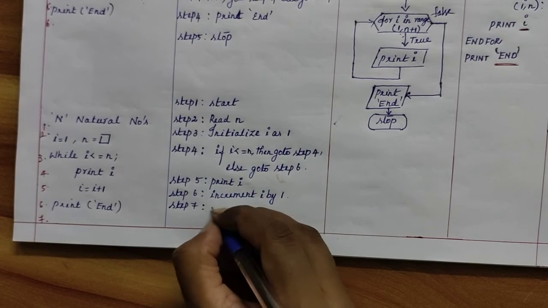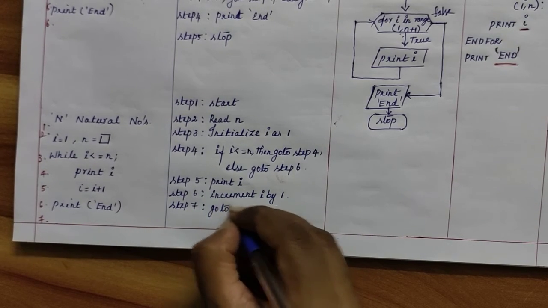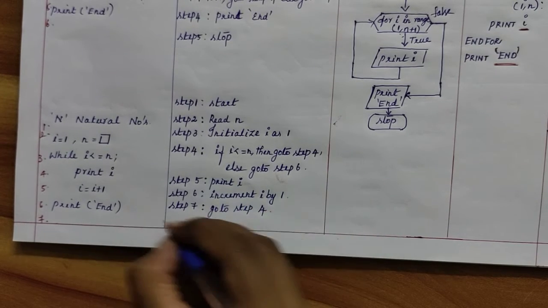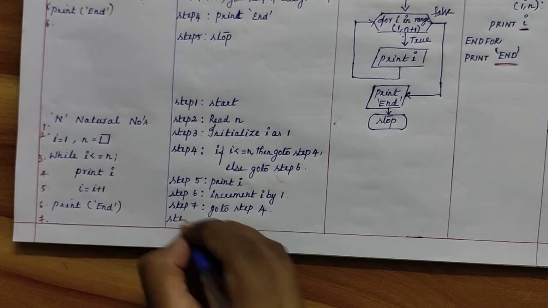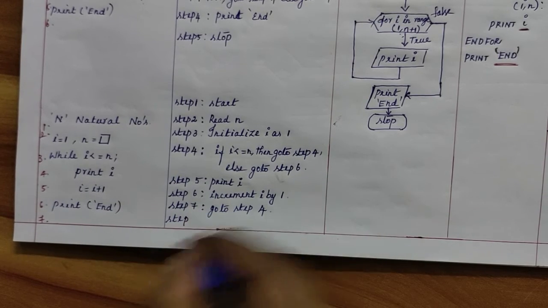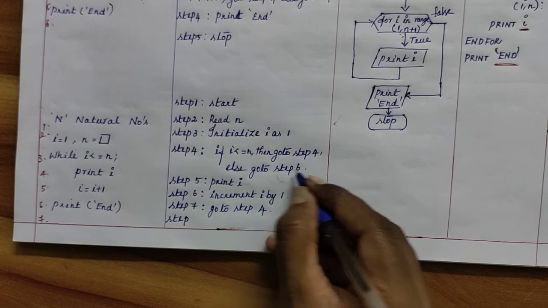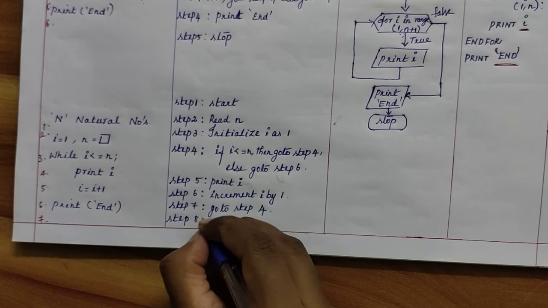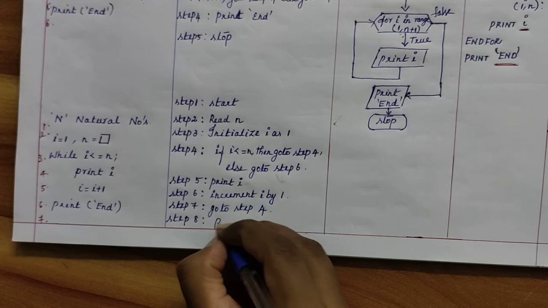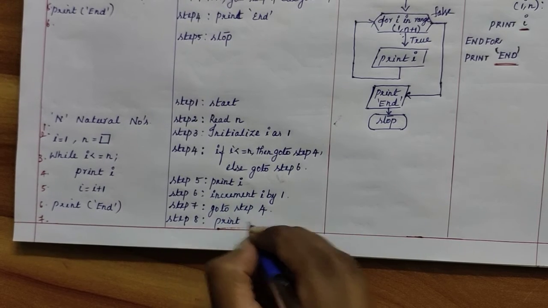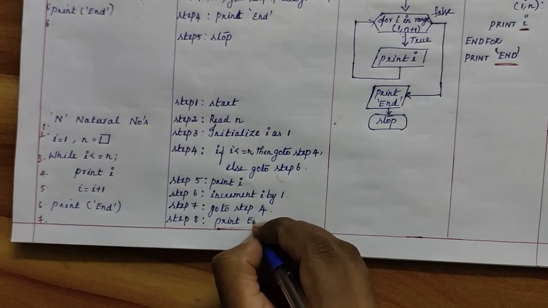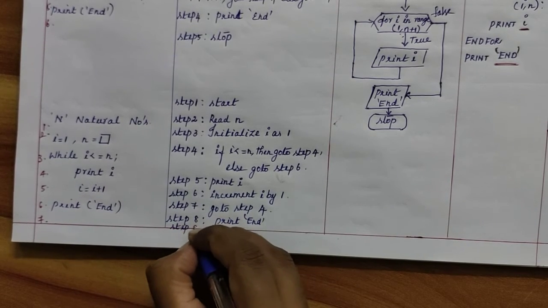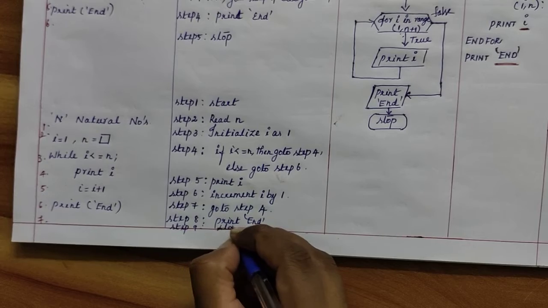Therefore go to step number 4. And then step number 8 is nothing but print n, it must be within single quotes, and step number 9 is stop.